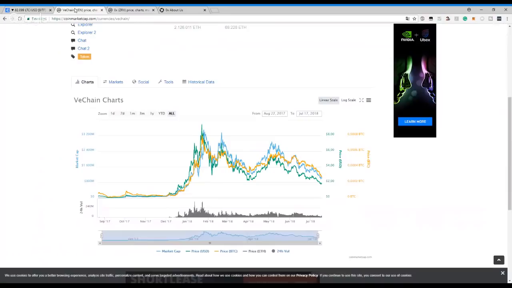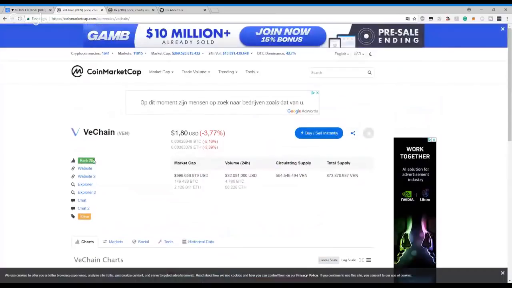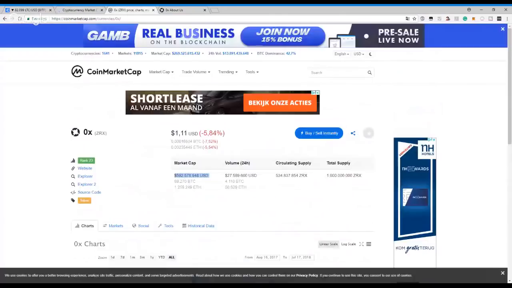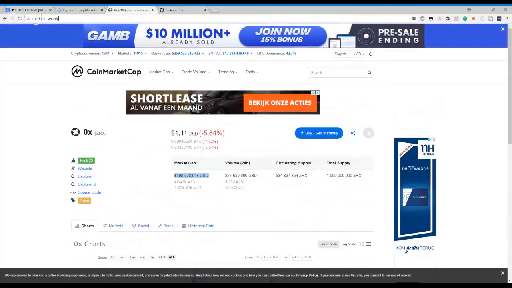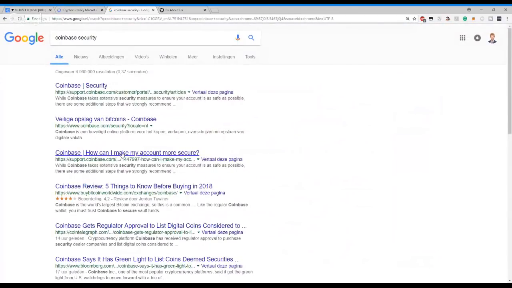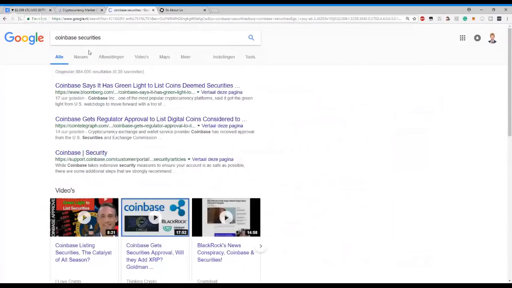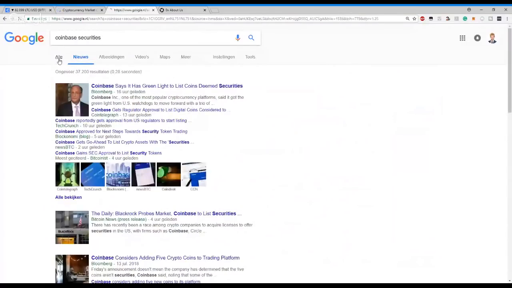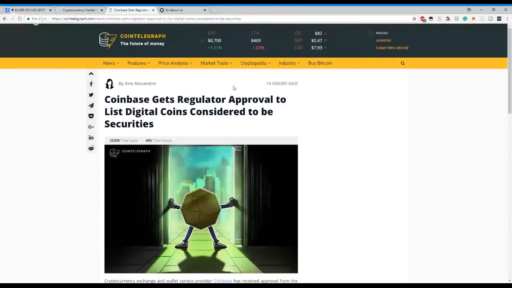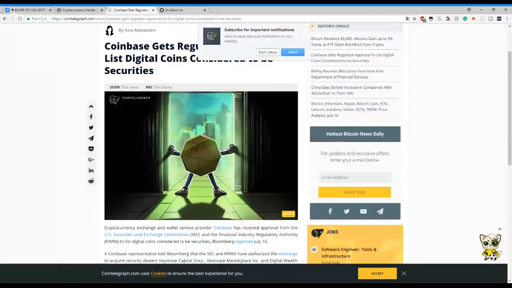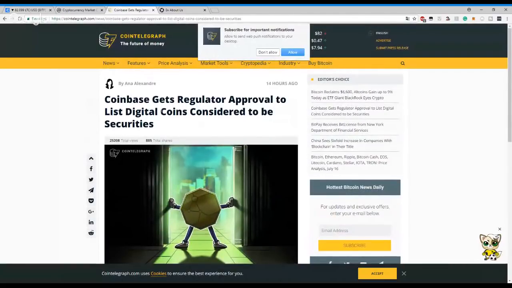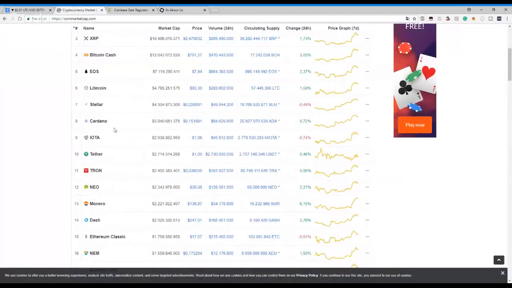The reason my target is so high: if we go to CoinMarketCap and we go to the news, Coinbase, it's not directly related, but Coinbase can now actually list securities. This does tell us, in short, that exchanges, Coinbase, everything is preparing to get institutional investors on board, okay? What are those institutional investors going to buy?